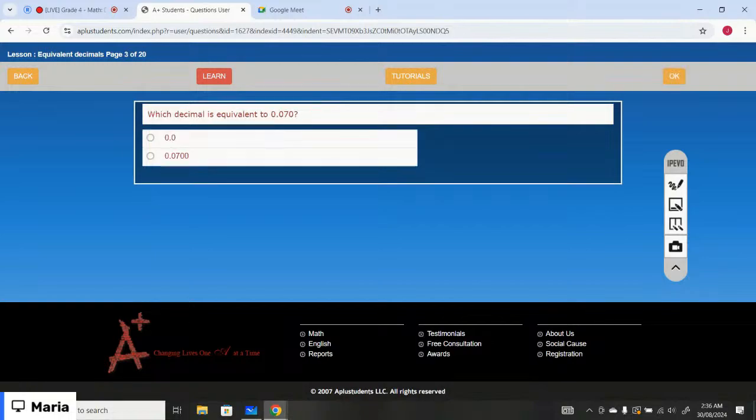Which decimal is equivalent to 0.070? Which is the correct option? Option number 2 is the correct option. 0.0700 is the correct option.